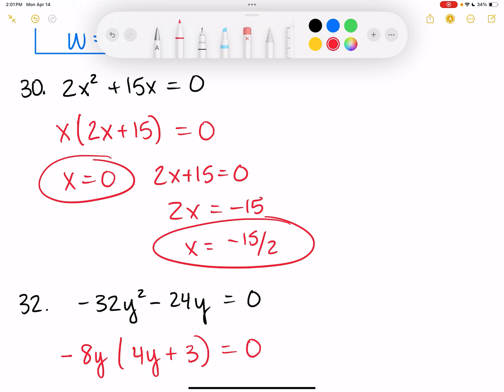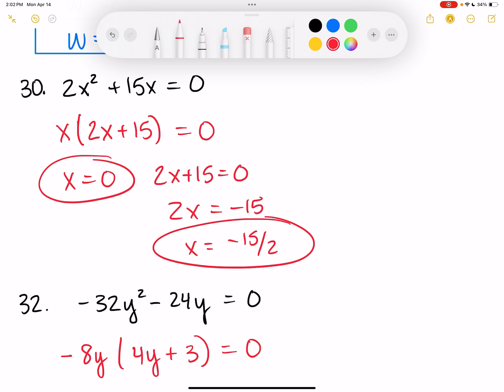What did I say when I put this problem up and then I said, oh, we haven't had this yet. If this is the case, you have to bring out a negative. Yes, you got to also take out a negative. So your numbers are right, but you didn't take out the negative. So this should be where you were at. I'm not giving you the answer. Okay, so you should have had negative 8y and then times 4y plus 3 equals 0. So if you didn't have that, fix it and then go back and finish solving it out.